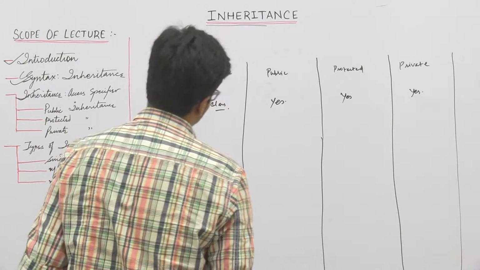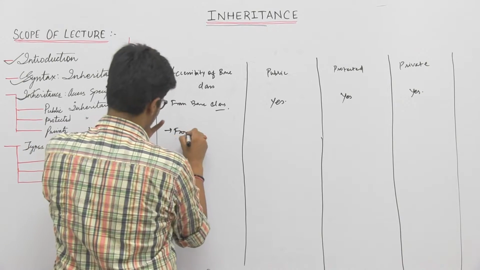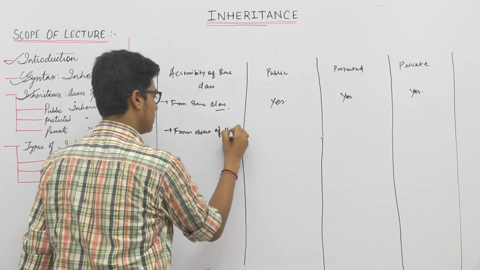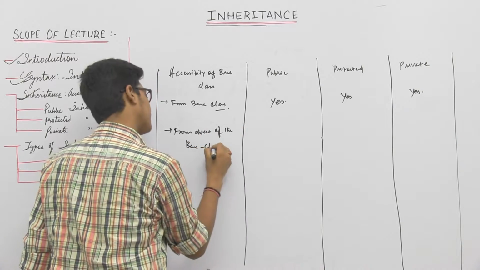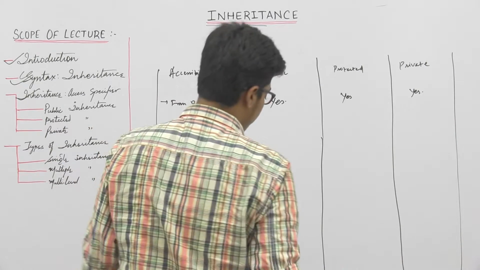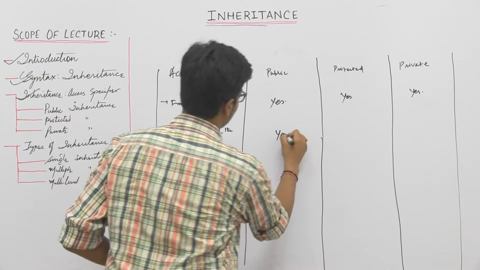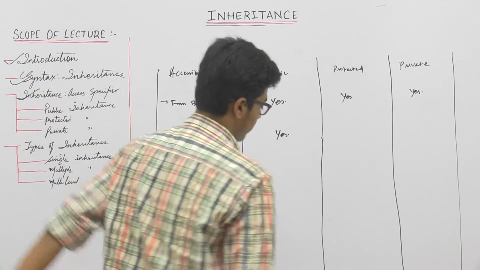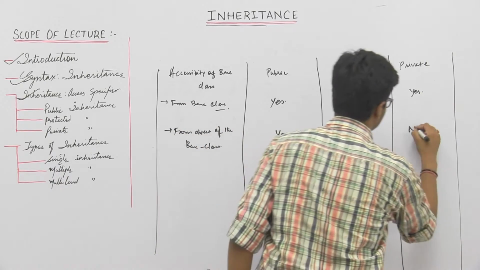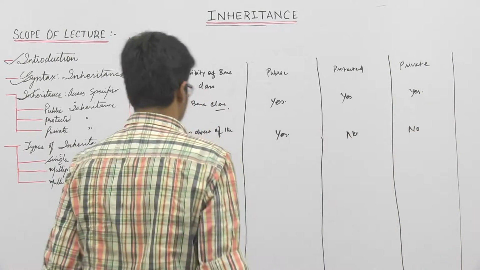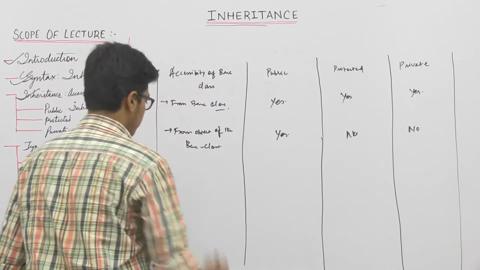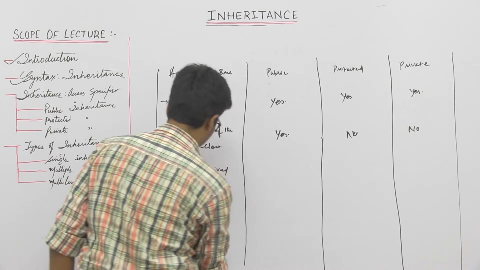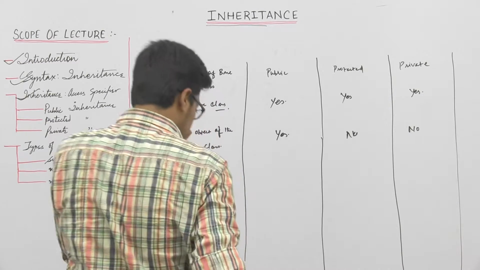Then from the object of the base class: in public mode, yes, you can access it through the object, but in protected and private mode you cannot access it. Another case is from the derived class.